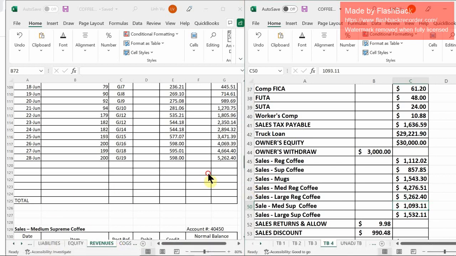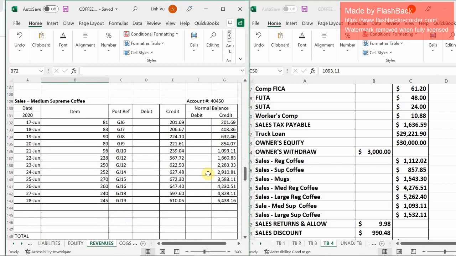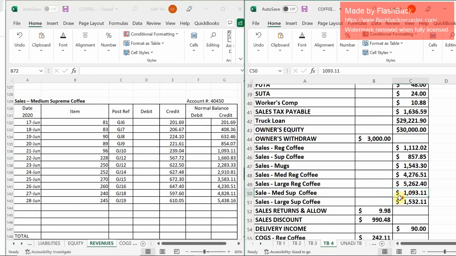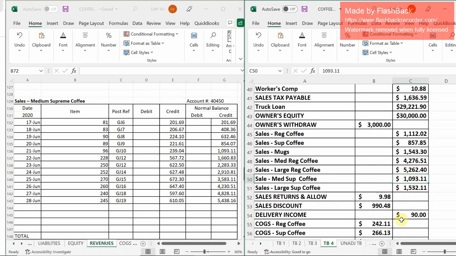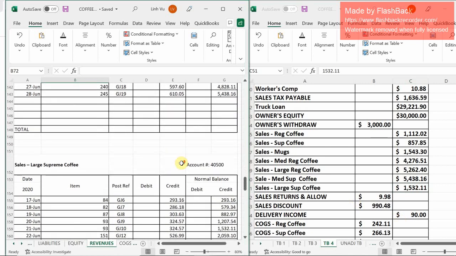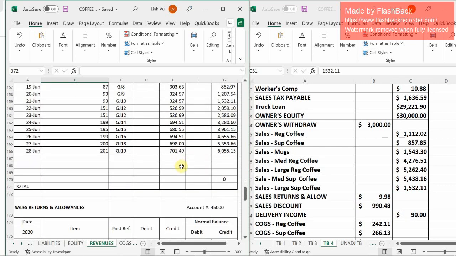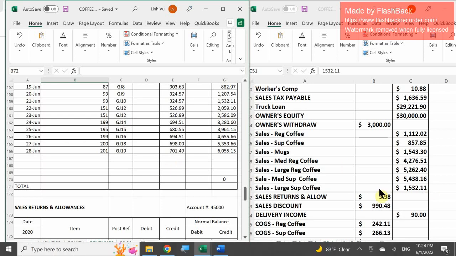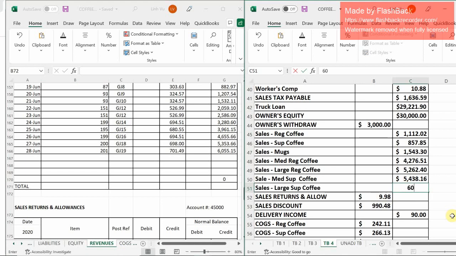Our sales for the Supreme Coffee for the medium size right now was a grand total of $5,438.16. Okay. And then last but not least, for the coffee cups here, we sold the large Supreme Coffee for $6,055.15. Okay.